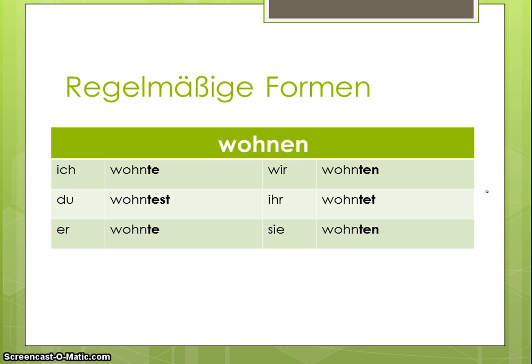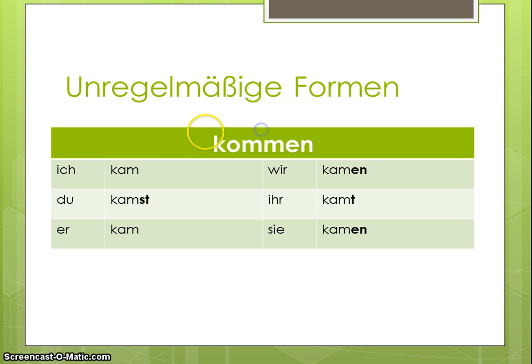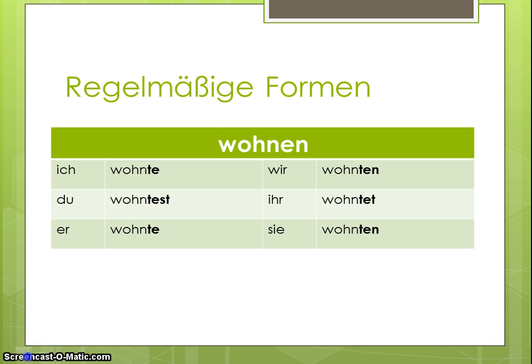Okay. As we've seen today in class, the regular forms are really rather simple because we take our present tense stem, wohnen, wohn, and we just put different endings on there, and all of those endings start with a T, and you have your ich ending there, E, and your du ending here, st. Just keep in mind that the ich and the er/sie/es, just like the modals, have the same conjugation, and these are familiar too.